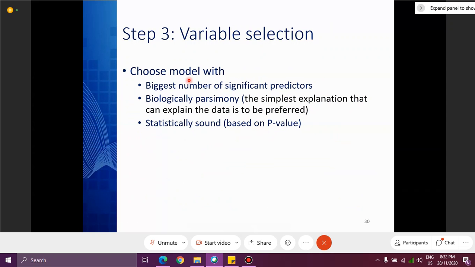When you use automated methods, you choose the model with the biggest number of significant predictors, the model which is biologically parsimonious, which means that the simplest model that can explain the data is to be preferred, right?